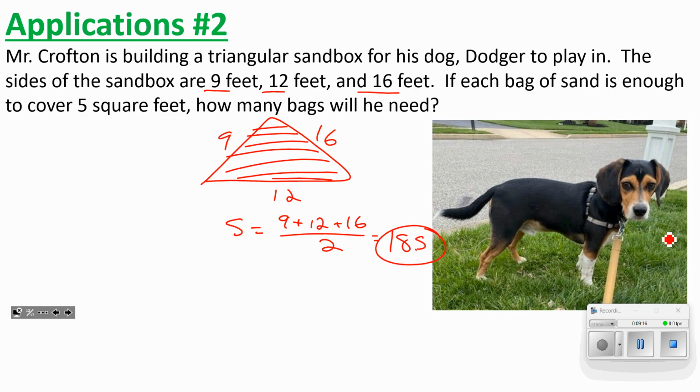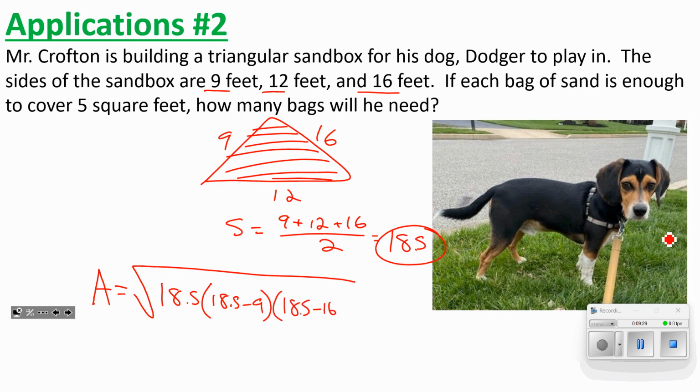Once you have your semi-perimeter, use it to find your area. All right, you get an area of about 53.441.